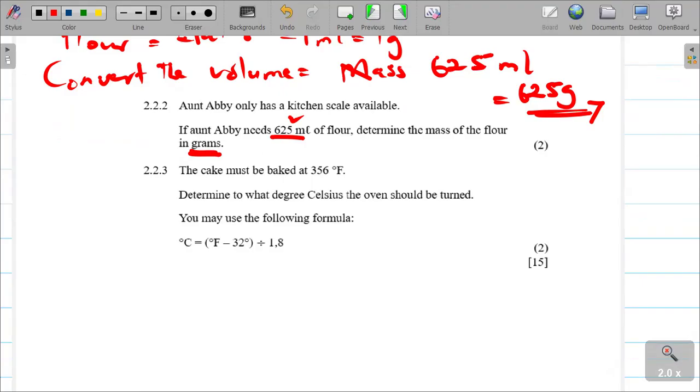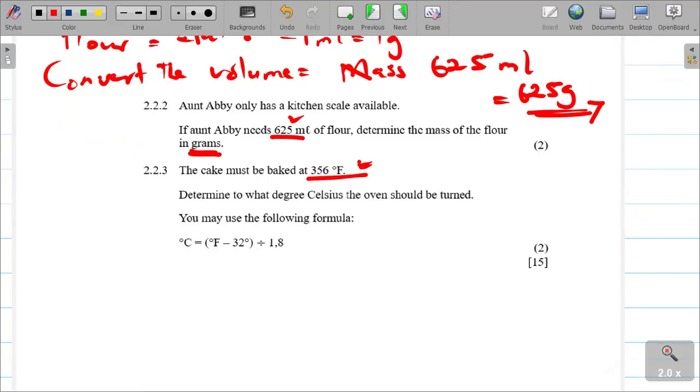And then the cake must be baked at 356 Fahrenheit. Determine what degrees Celsius the oven should be turned to.